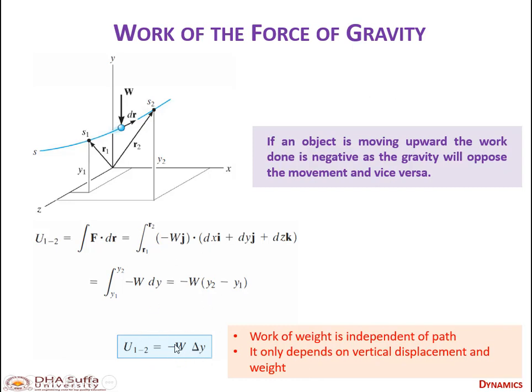The minus sign shows that w is acting downward, and if a body is moving upward, the work done is negative, as gravity will oppose the movement, and vice versa. The displacement term is simply the difference between the final position and the initial position. This is pretty simple, right?